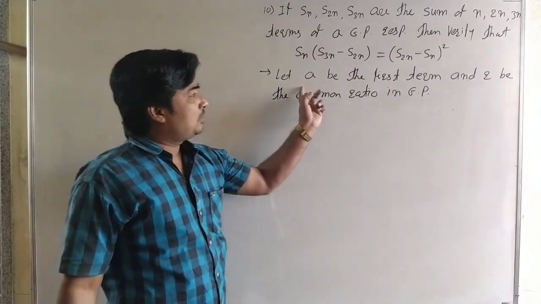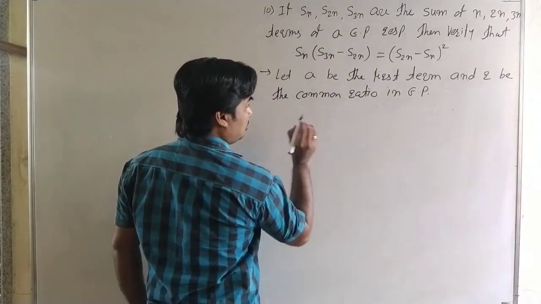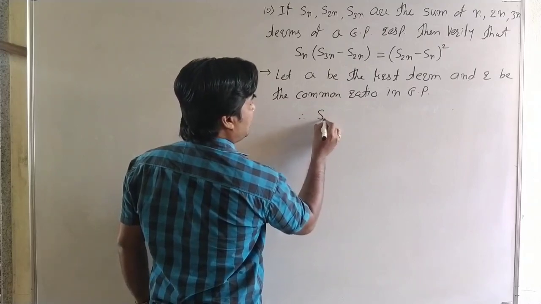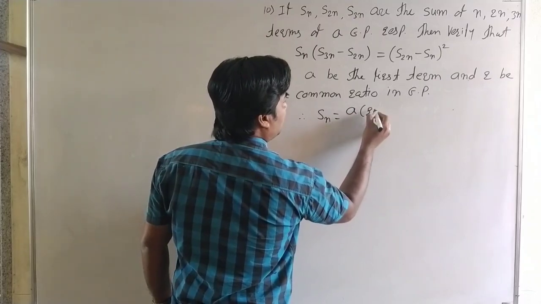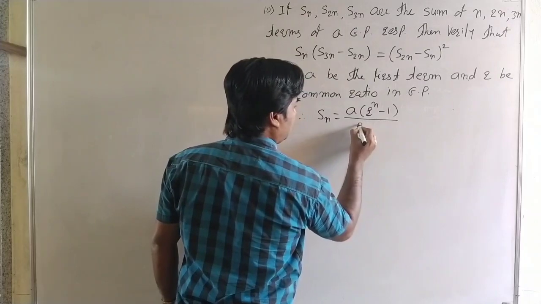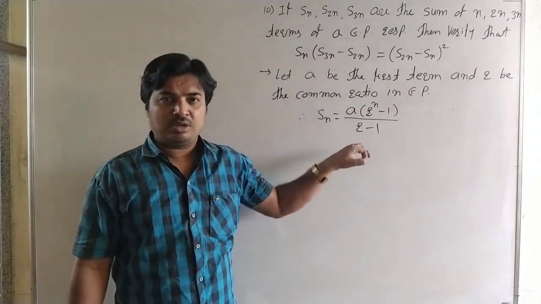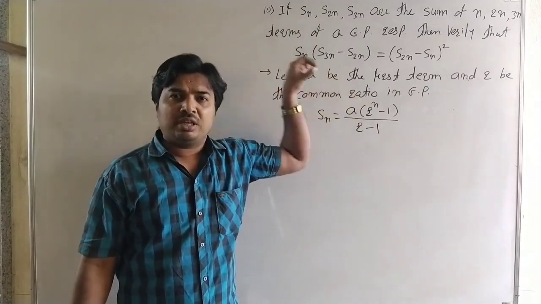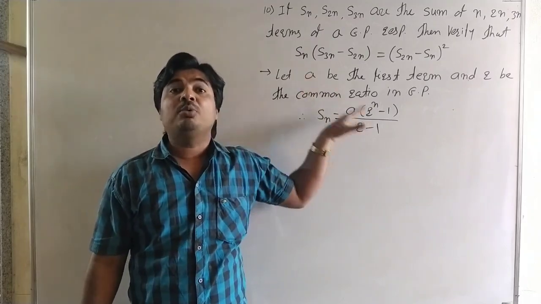Therefore, we know the formula for the sum of the n terms: Sn is equal to A into R to the power n minus 1 upon R minus 1. When it is not indicated whether R is less than 1 or greater than 1, we use this formula for the sum of the n terms in a geometric progression.